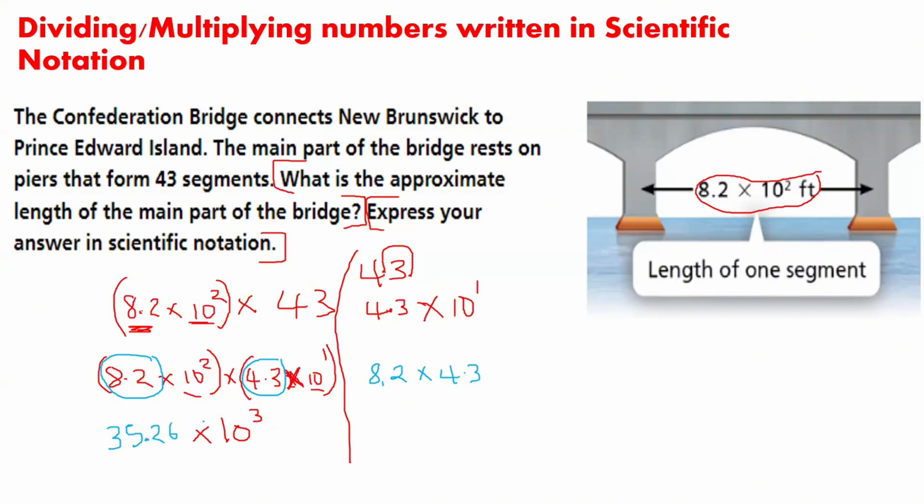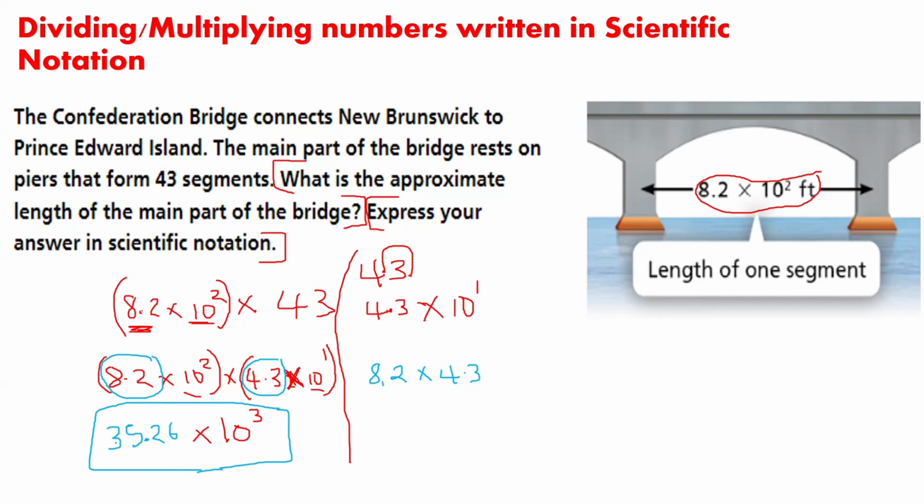Now, looking at this as it is, remember that part of the instruction said that we should express our answer in scientific notation. Looking at this, it is not written in scientific notation, so therefore we need to write it in scientific notation. How do we know that?